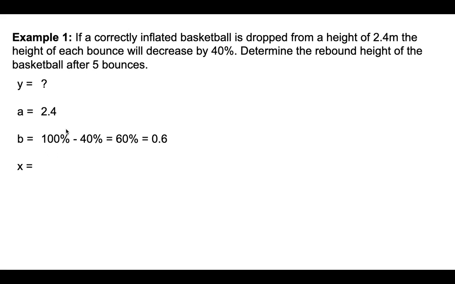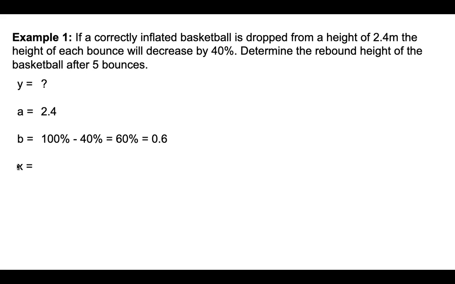Because remember the bounce height, if it was 100%, it would just keep going up to 2.4 each time. But each bounce, it goes down by 40%. So this time we're going to go 100% minus 40 to find our multiplier, which is 60%. Don't forget, we need to change this into a decimal. So divide 60 by 100 to get it into a decimal, 0.6.